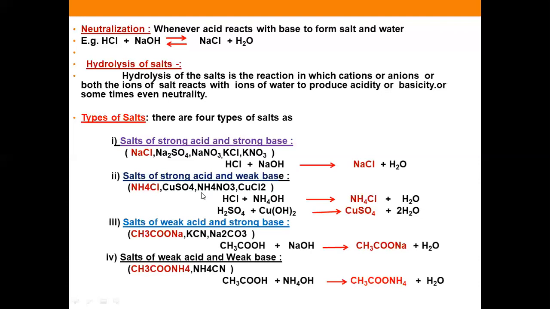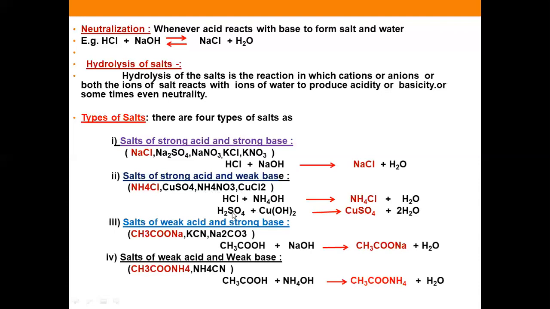The second is a salt of strong acid and weak base. What is a salt of strong acid and weak base? The strong acid like HCl and weak base ammonium hydroxide, whenever they react with each other, give ammonium chloride, and this ammonium chloride is a salt of strong acid HCl and weak base NH4OH, that is ammonium hydroxide.